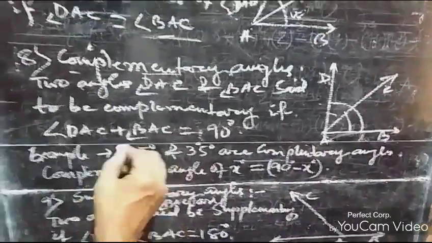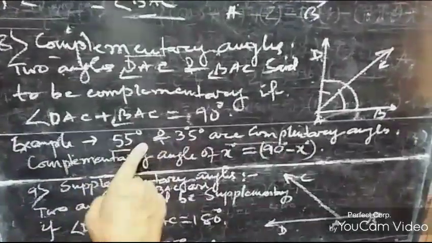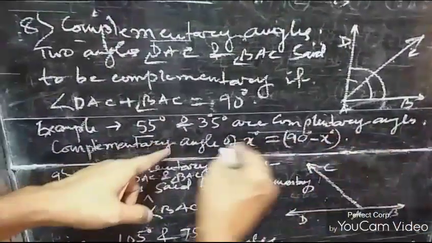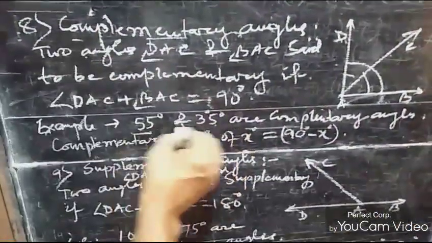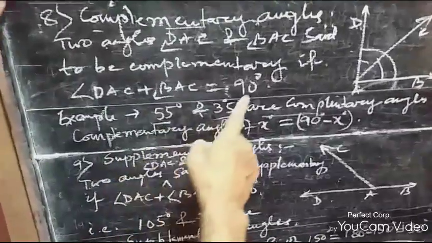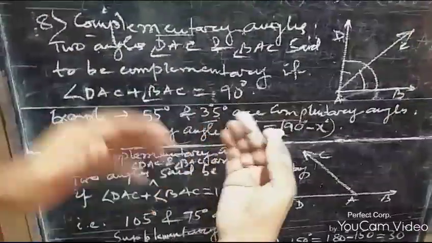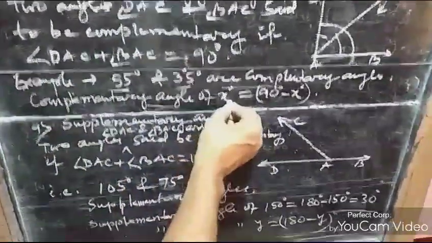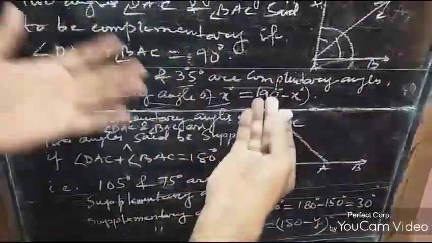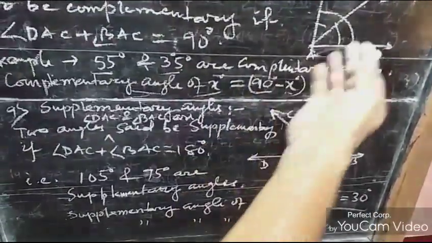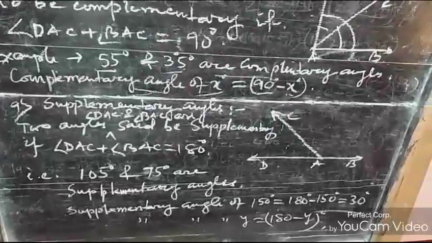Suppose I give one example: 55 and 35 are complementary angles, because the sum of these two angles will be 90 degree. Then in the general term, the complement of angle x degree, whatever the value of x may be, will be 90 minus x.